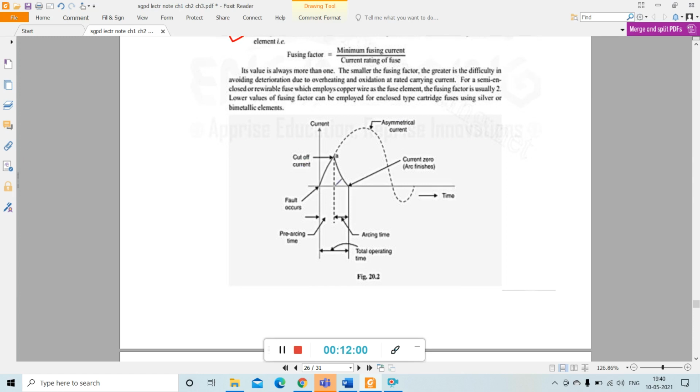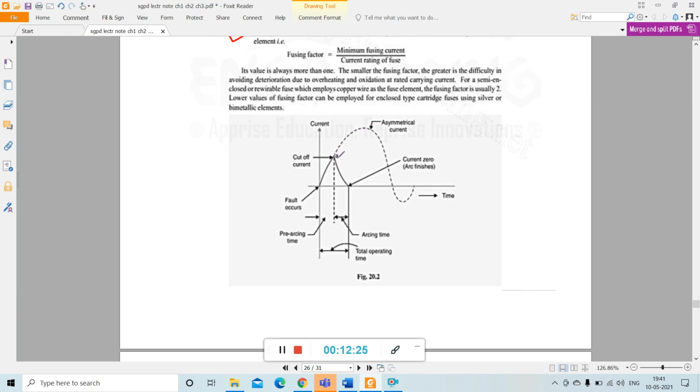See this figure. This is the first loop when the fault occurs. This is the asymmetrical current loop. So when a fault occurs, this is the maximum peak to which the current can reach. Okay, but here this is the cutoff current.